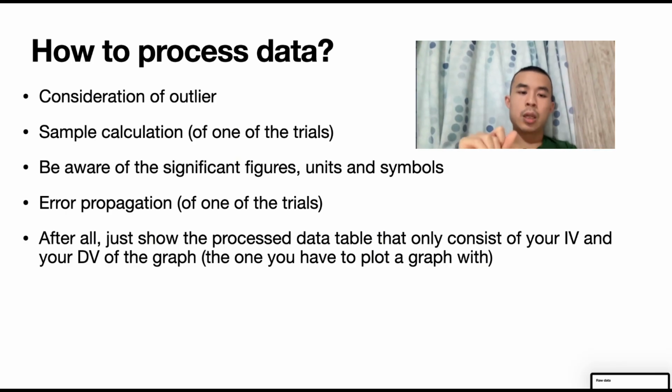Be aware which one is the IV and which one is the DV. If it's the IV, it should be in the left column. If it's the DV, it should be in the right column.